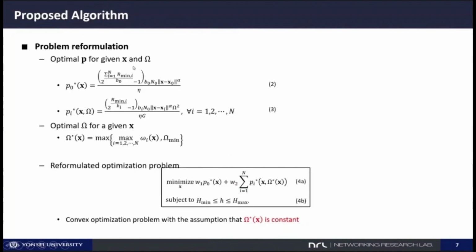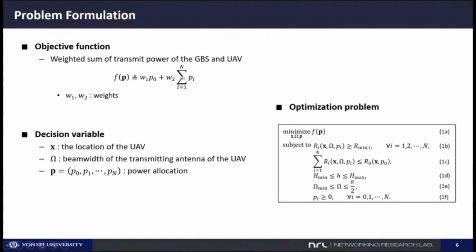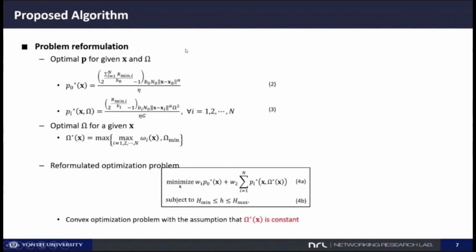So to solve the optimization problem 1, we made some observations, and we can derive the optimal P for given X and omega as a closed form, like equation 2 and 3.